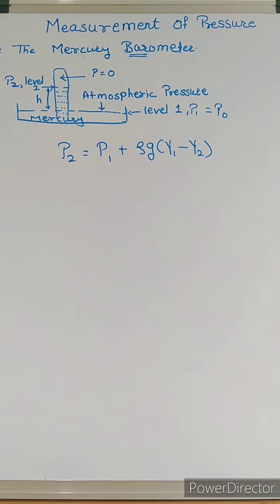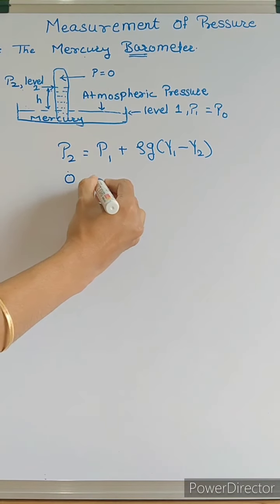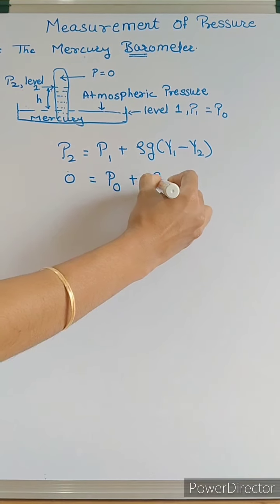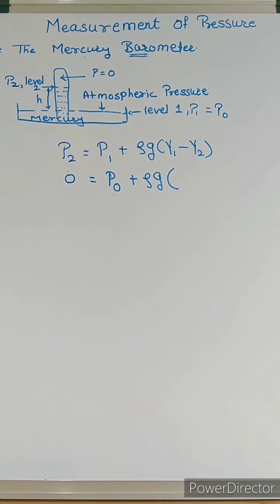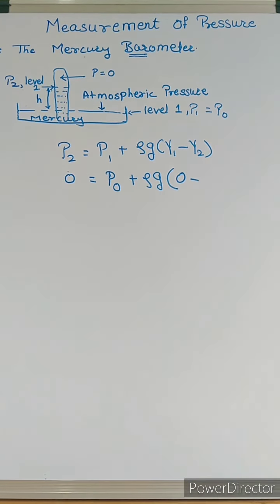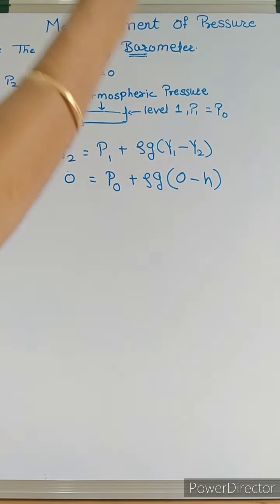Now we will substitute the values and check what we get. P2 is 0, P1 is P naught, plus rho g (y1 minus y2). What will be the value of y1? y1 is 0, and y2 is below, so it will be minus h.